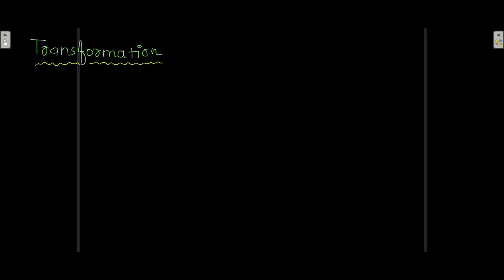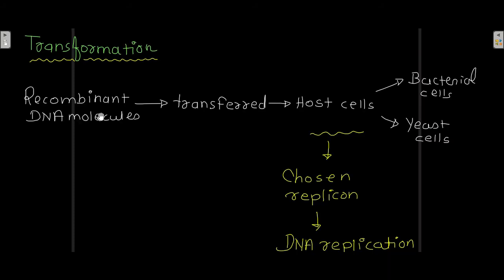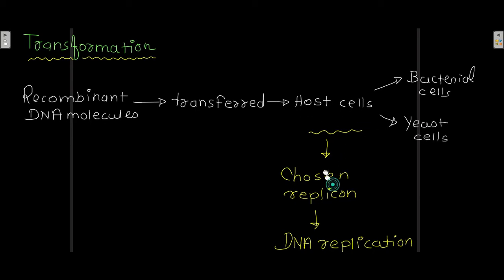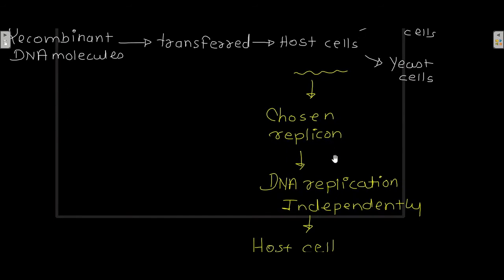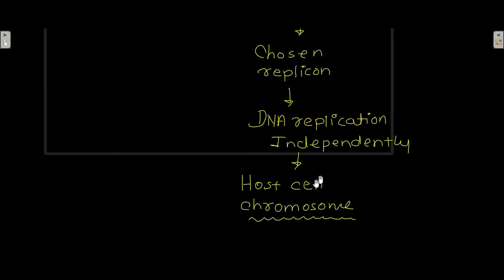The next step in cell-based DNA cloning is transformation. During transformation, the recombinant DNA molecules are transferred to host cells, such as bacterial cells or yeast cells. In these host cells, the chosen replicon undergoes DNA replication independently of the host cell chromosomes.